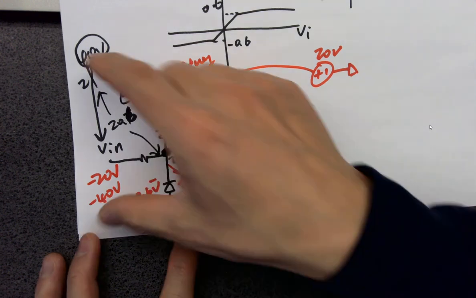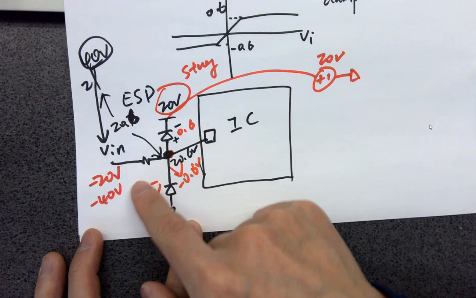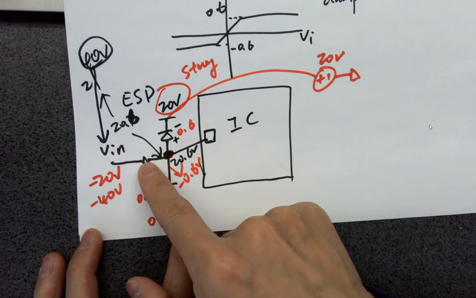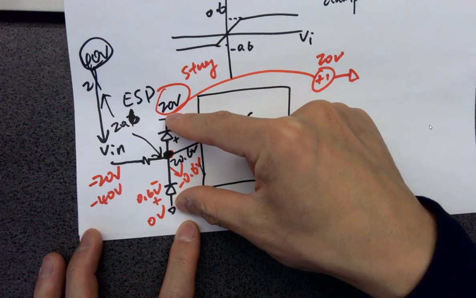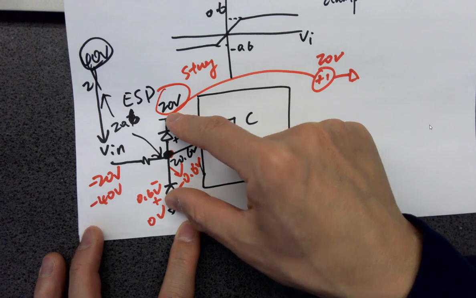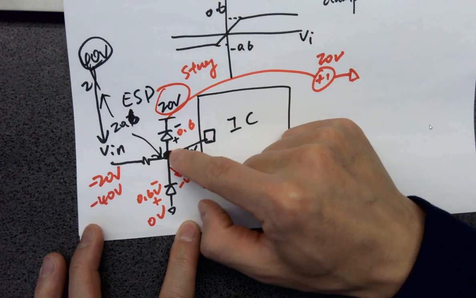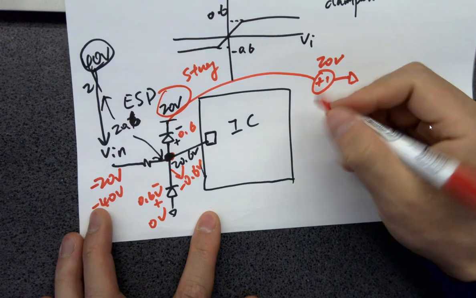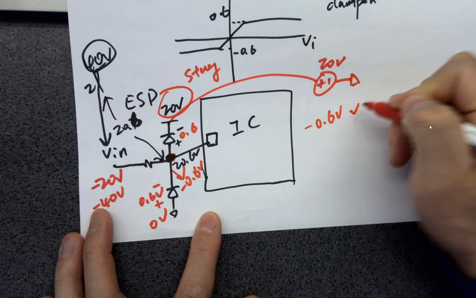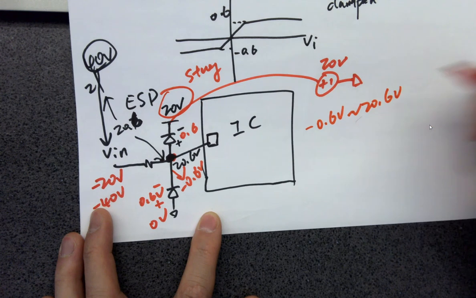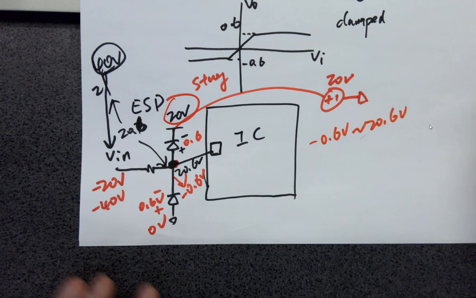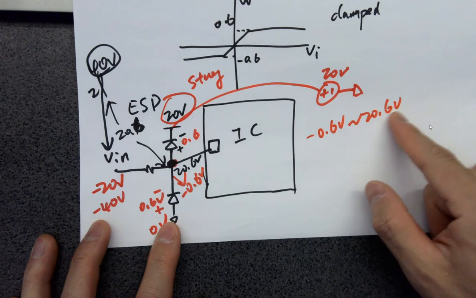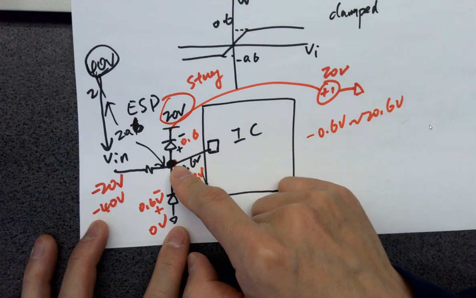So eventually, no matter whatever surges you have at the input, since you have this circuit with a resistor and two diodes, it's clamping this point at what? What's the range here? That's the lowest and highest possible voltages for this node.